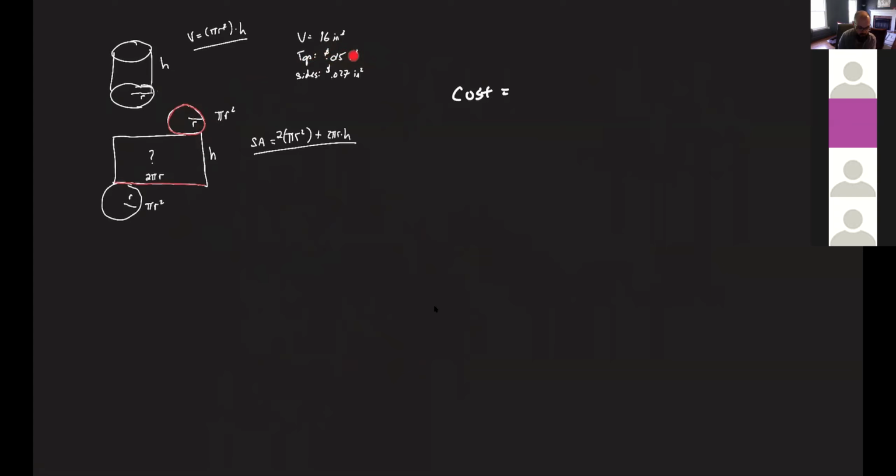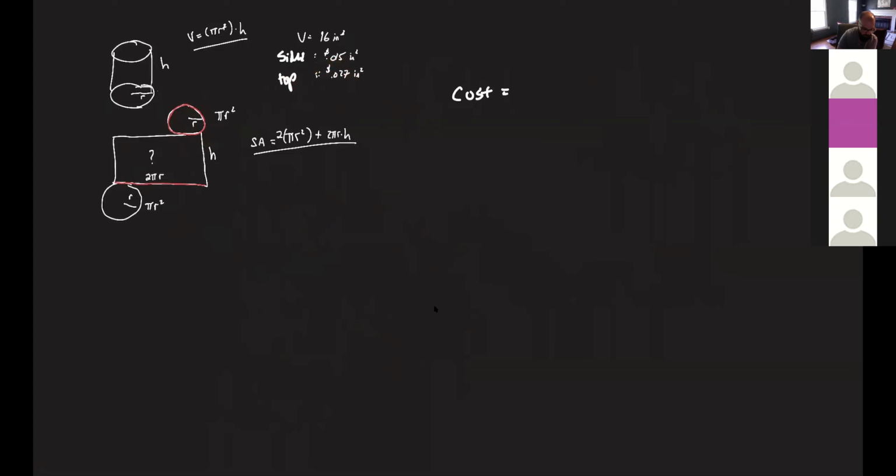Did I flip these? Didn't we say that the top and the bottom cost more? I think we flipped this. I believe we said that the top should cost more, so this is the sides and this is the top lids. As we're going through, this is going to be the area here times the cost of the lid plus the area here times the cost of the sides.